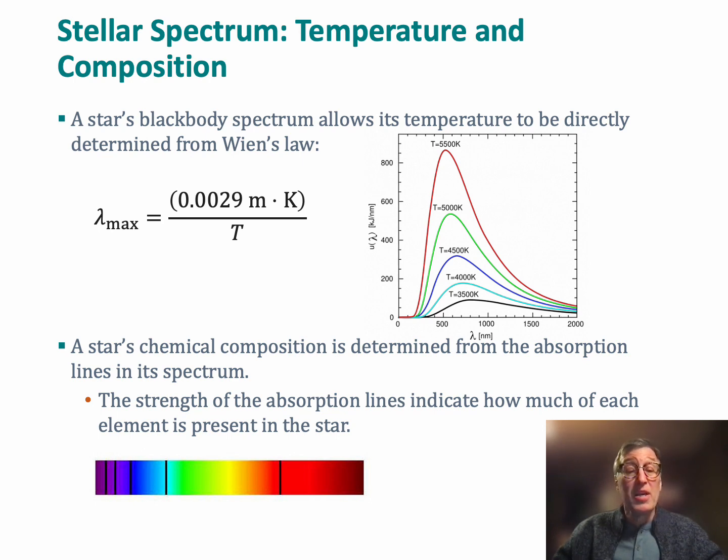This happens to be the absorption spectrum for hydrogen. So we can determine what elements are present, and depending on how strong these absorptions are, how much dimmer the light is at this wavelength, that tells us how much hydrogen or helium or iron or whatever element it is present in that star.